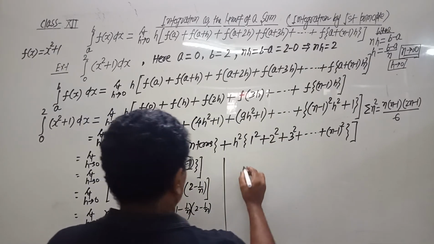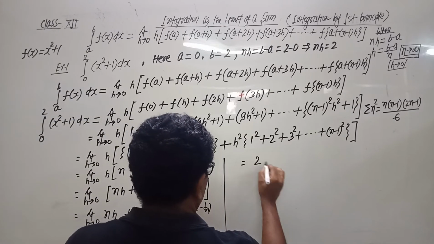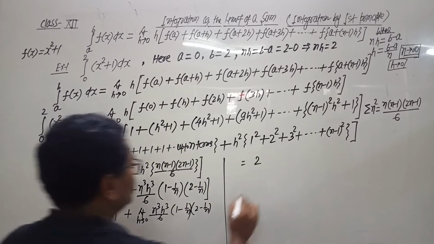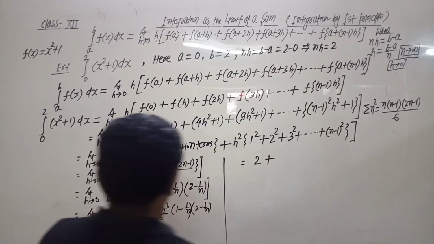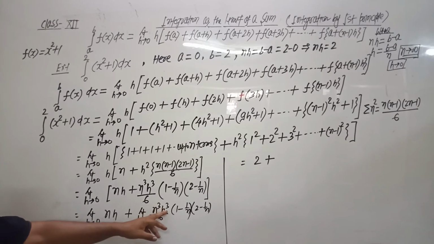So we get nh as 2, plus n cube h cube by 6.